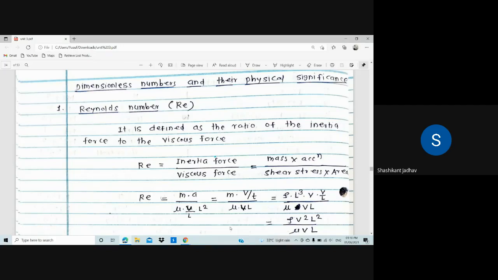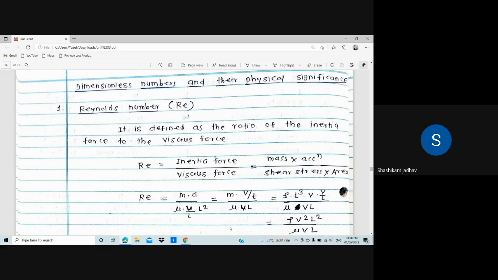It is defined as the ratio of the inertia force to the viscous force. In the form of an equation, we write Re is equal to inertia force divided by viscous force.